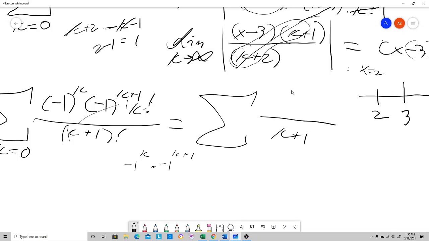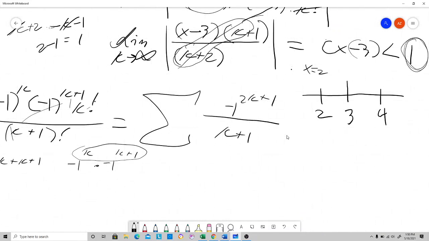Because they have the same base, we can just add the exponents. So we have negative 1 to the 2k plus 1. And you can notice that this number will always be an odd number, so it will always be negative.